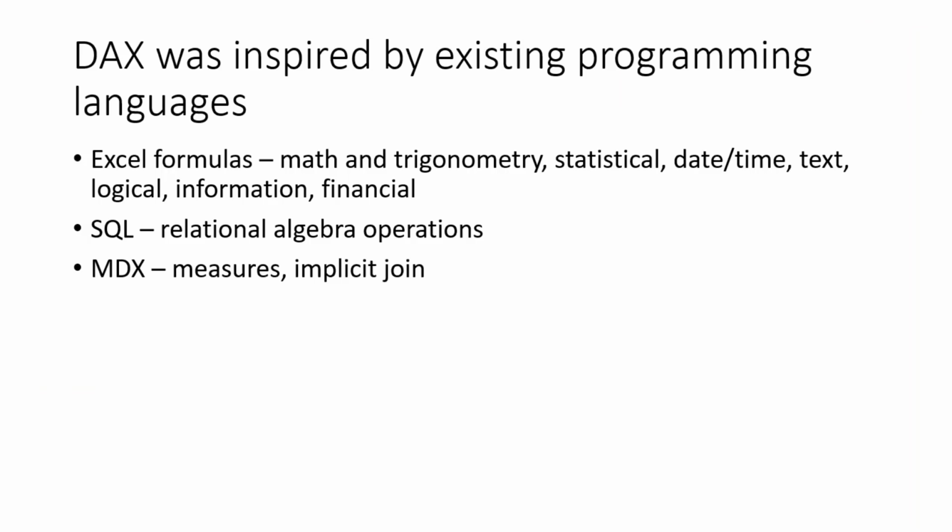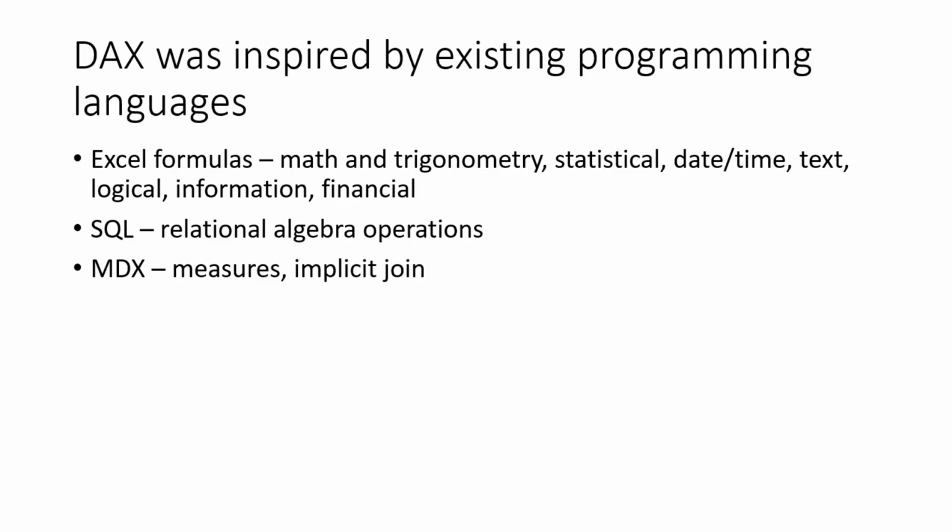So measures. We originally had measures in MDX, and now we inherited this important concept in Power BI. Another thing special about MDX is that all the joins are implicit. One of the reasons Power BI is powerful is that you can have many tables and connect them using all kinds of sophisticated relationships.